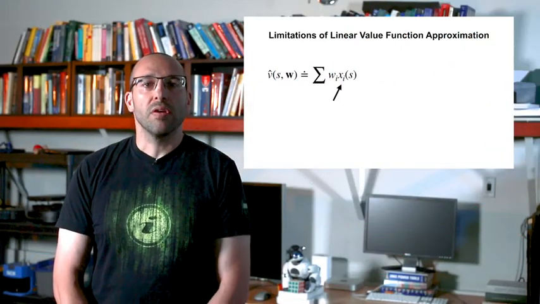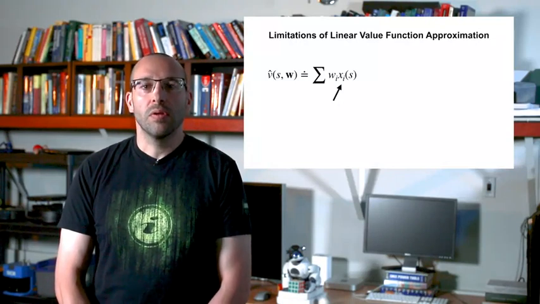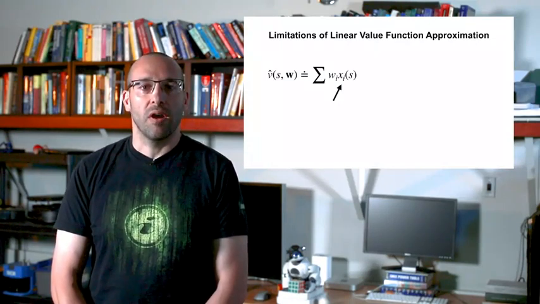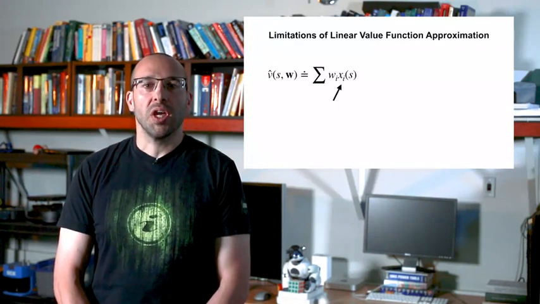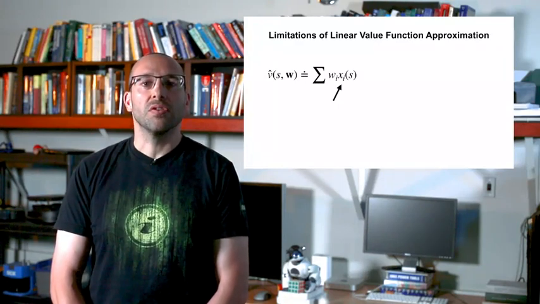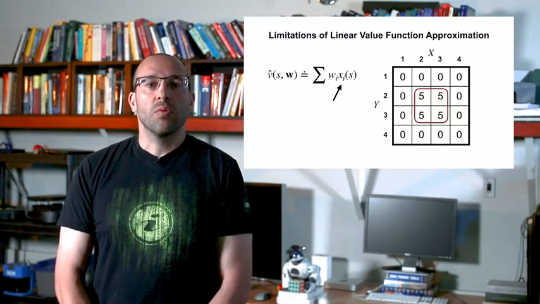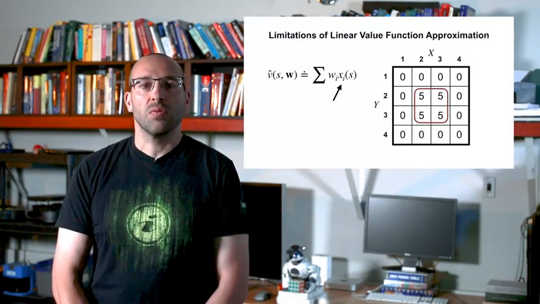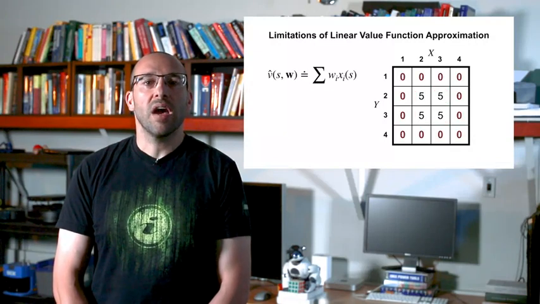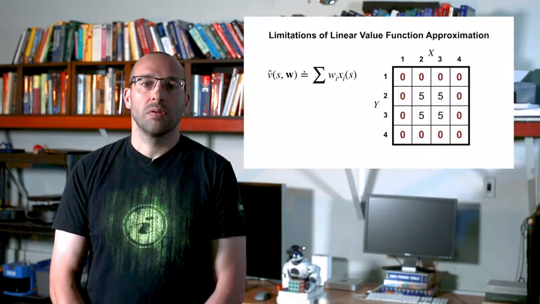Our choice of feature impacts the kinds of value functions we can represent. For example, consider the approximation we've discussed so far. With it, we can only represent value functions which change linearly as a function of the features x and y. Consider the case where the true value function is given by the numbers on this grid. We cannot represent this as a linear function of x and y. To get these outer values correct, w1 and w2 both need to be 0.